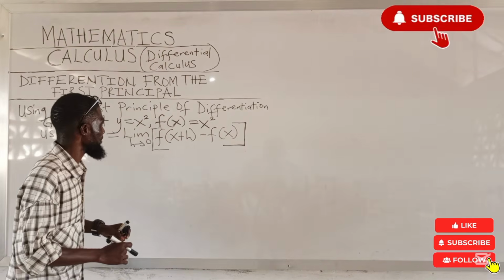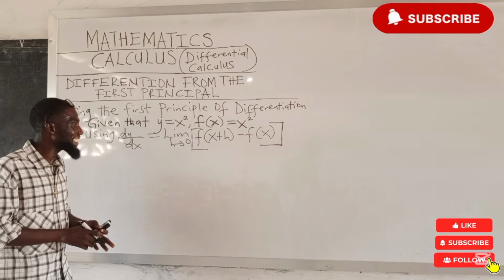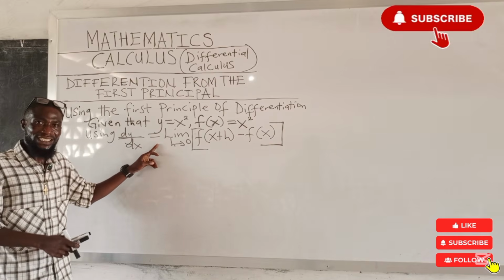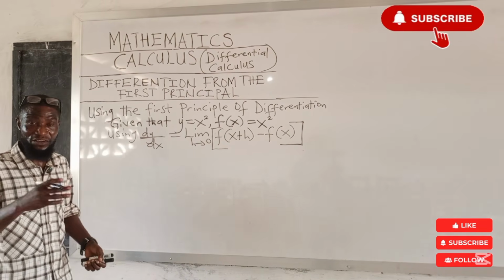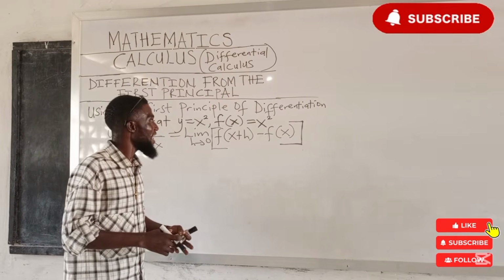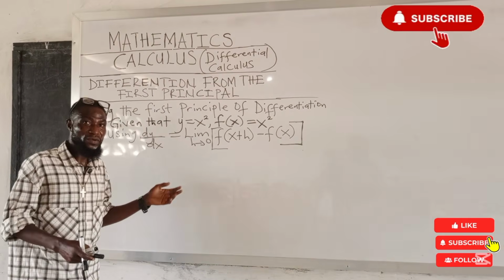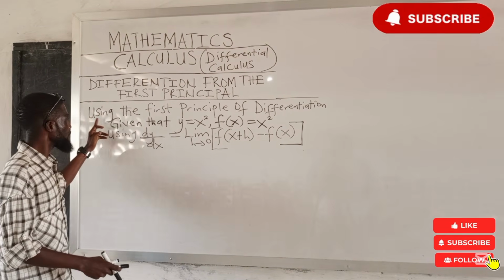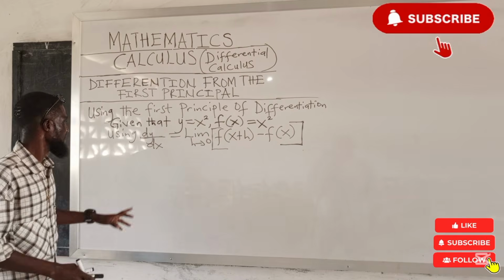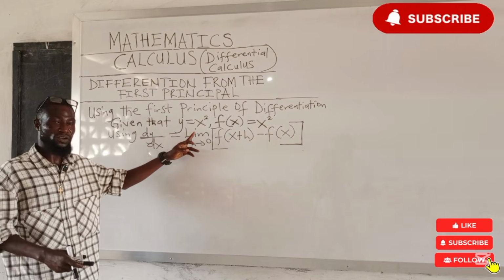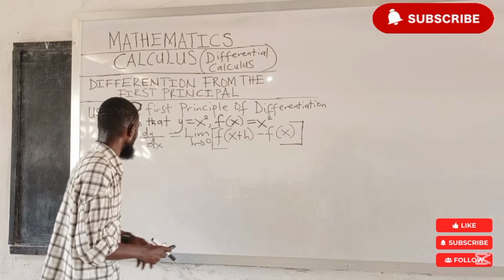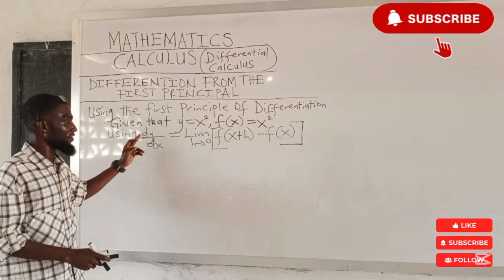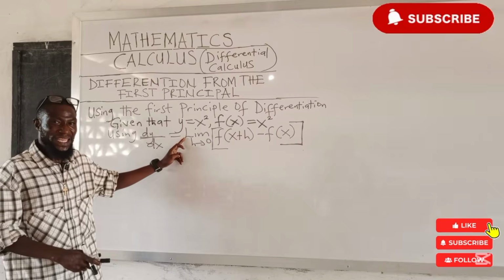Ladies and gentlemen, on this note, we'll be combining limits with differential calculus in order to solve our problem using the derivative concept. Our problem is using the first principle of differentiation, given that y is equal to x squared, f of x is equal to x squared. We'll be using dy over dx equals limit.